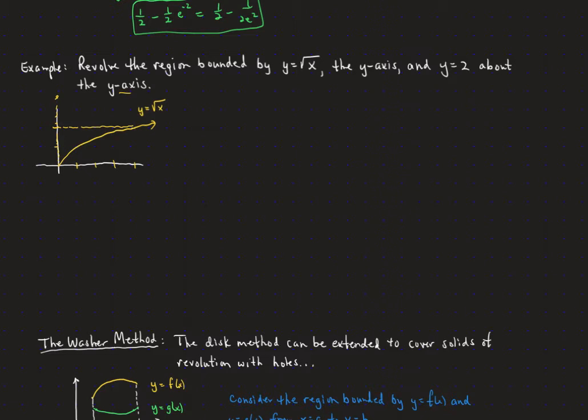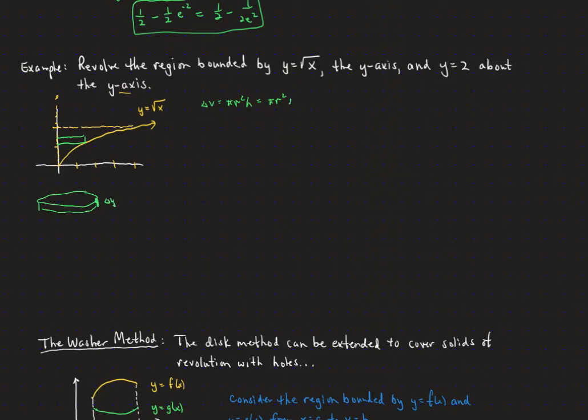So now what we want to do is draw our rectangles horizontally, since we're going around the y-axis. Now we can see that our delta volume is going to be pi r squared h. This time that h, that little thickness for our cylinder, our little disk, is a delta y.